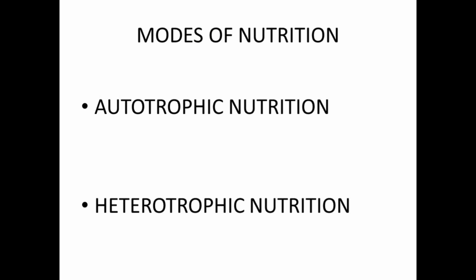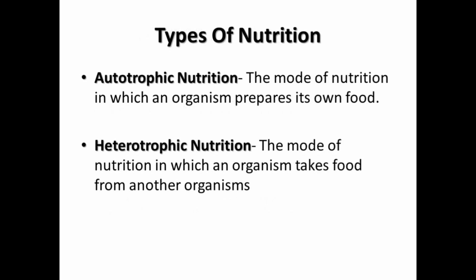Modes of nutrition. There are two modes of nutrition: autotrophic nutrition and heterotrophic nutrition. Autotrophic nutrition is the mode of nutrition in which an organism prepares its own food. Auto means self. For example, green plants prepare their own food by the process of photosynthesis.